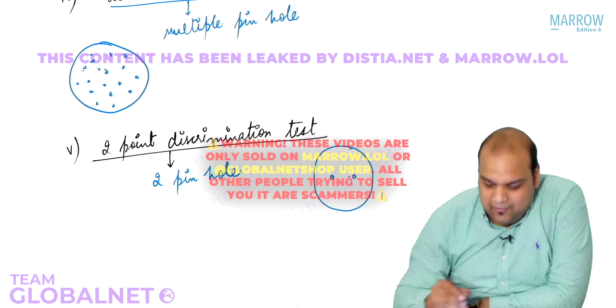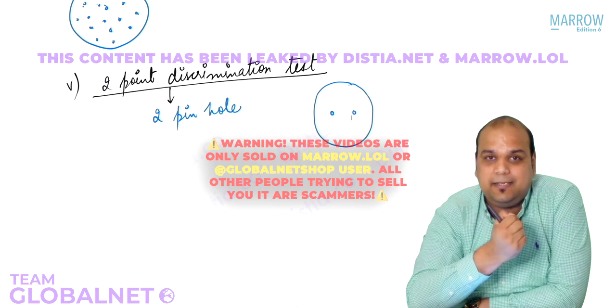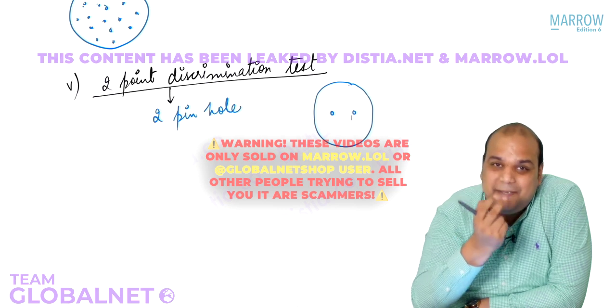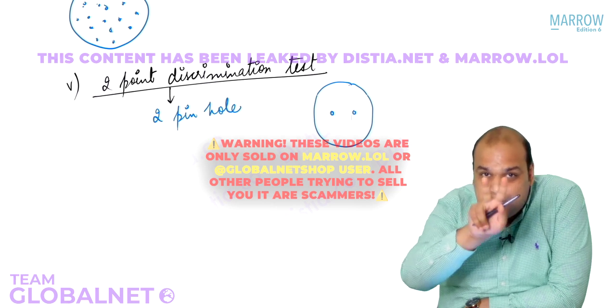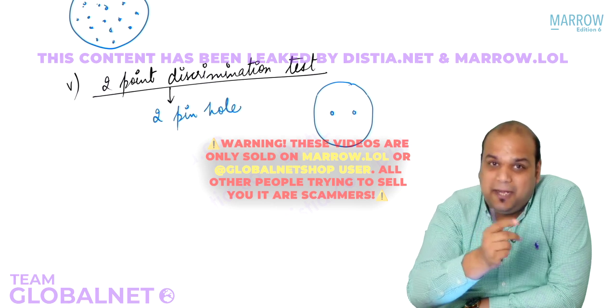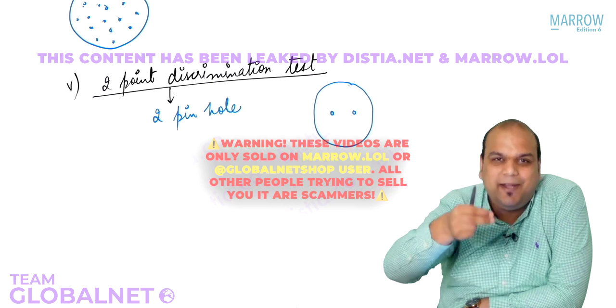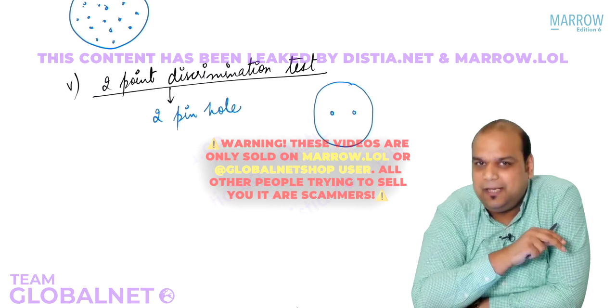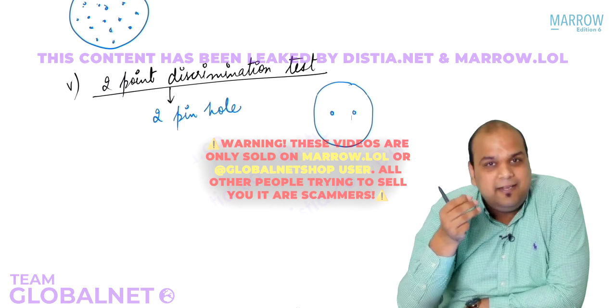Okay, everybody? What is this doing? Only 2 rays of light are going from 2 different points. If those points are visible separately, that means 2-point discrimination is present. But if those 2 points are visible singly, that means resolution is not there. Minimum resolution is not there. 2-point discrimination test. Am I clear to everybody? So these are certain other uses of pinhole apart from the main use that we have discussed here.